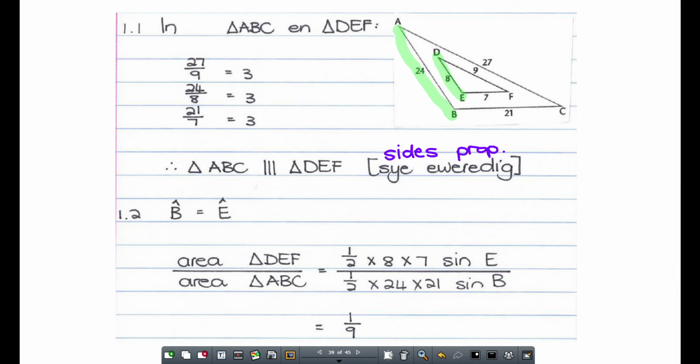Okay, dan by 1.2 sê hulle vir jou bepaal die oppervlak van DEF oor die oppervlak van ABC. Okay, so at the top we start with a small triangle, né? Nee, nou, ag sorry, ek kon nog daai highlight wegvat.